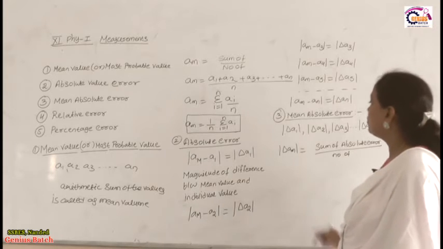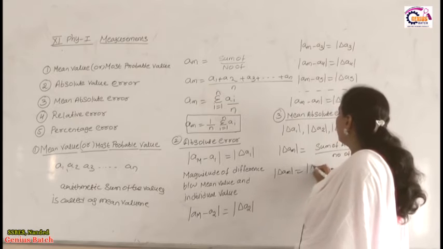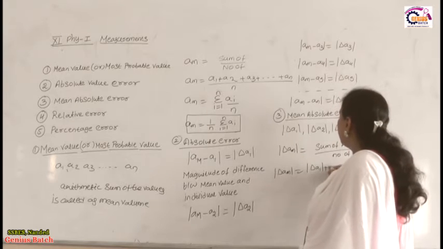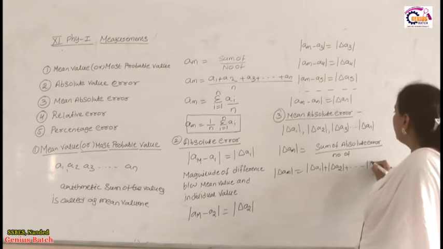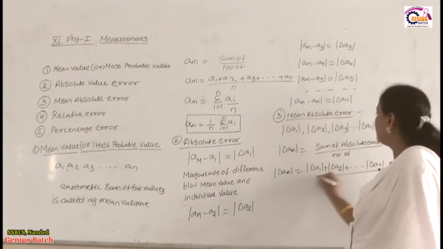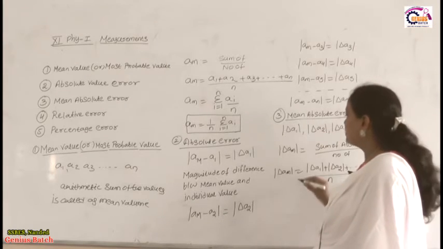We can write delta AM equals delta A1 plus delta A2 plus so on up to delta AN, divided by N. This is called the mean absolute error.